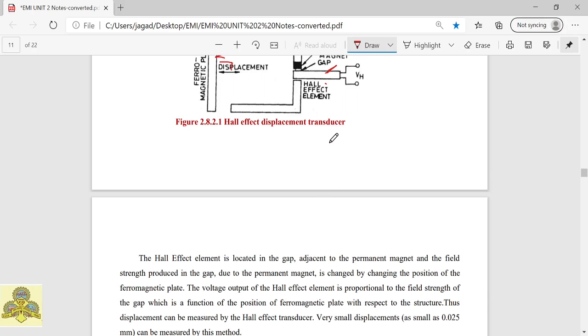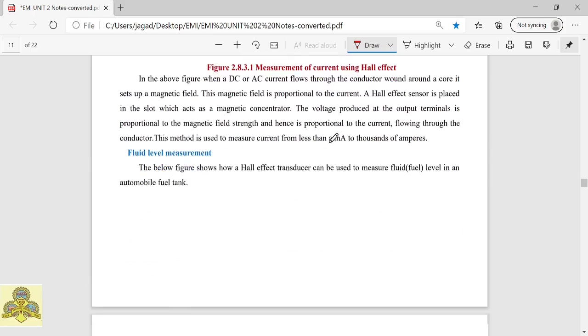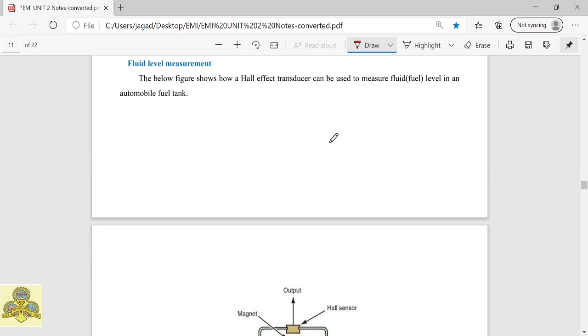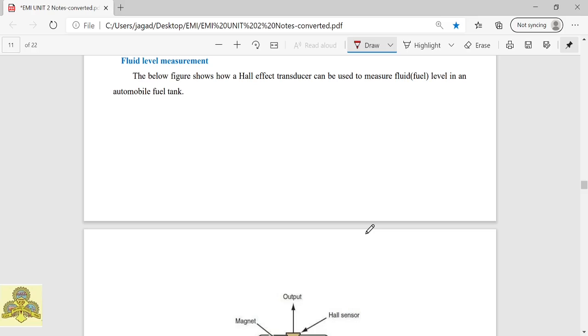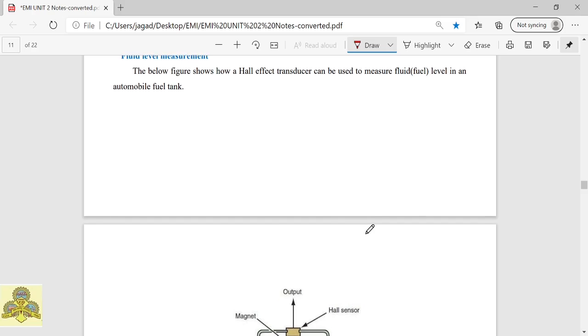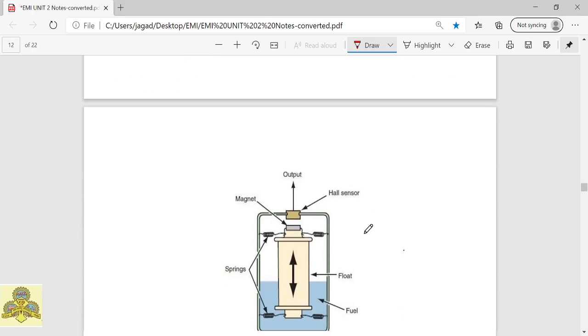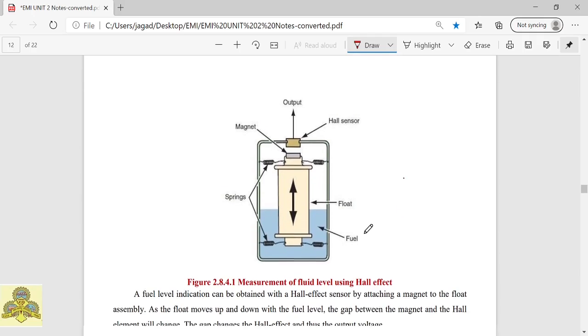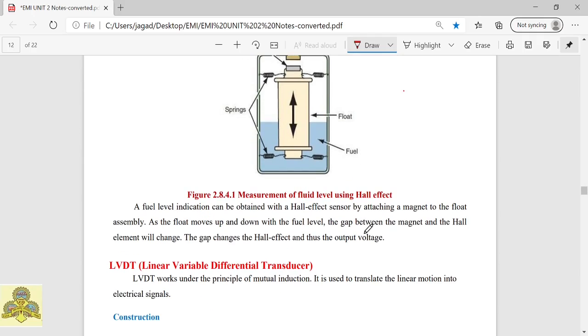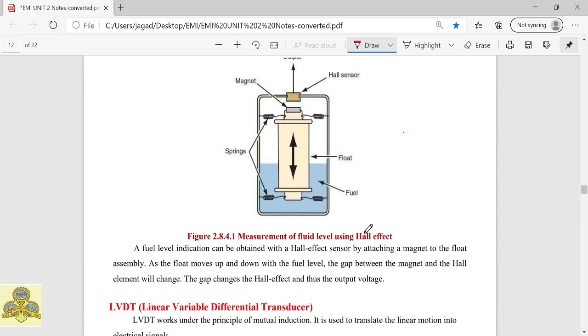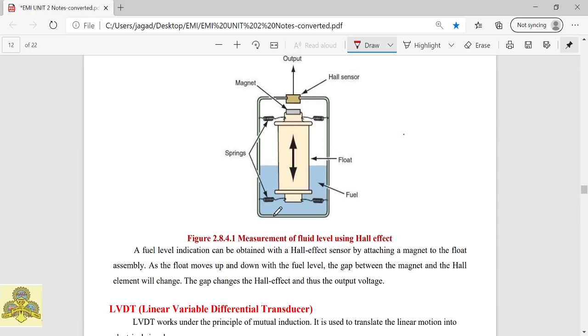And the next application is fluid level measurement. Fine. The fluid level measurement uses the Hall effect principle only. We can use this fuel level measurement in an automobile fuel indicator. So what happens? Let's consider this is a tank.